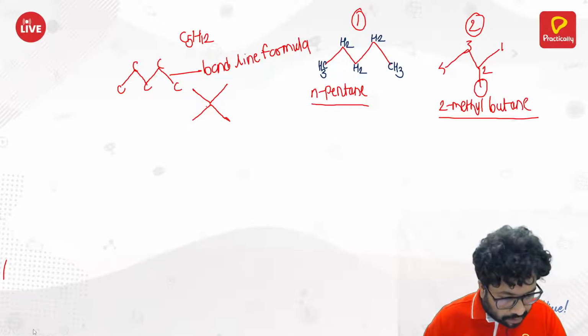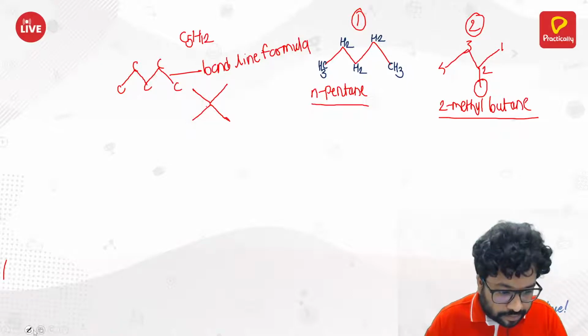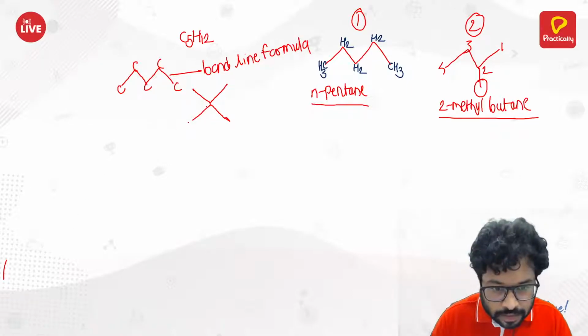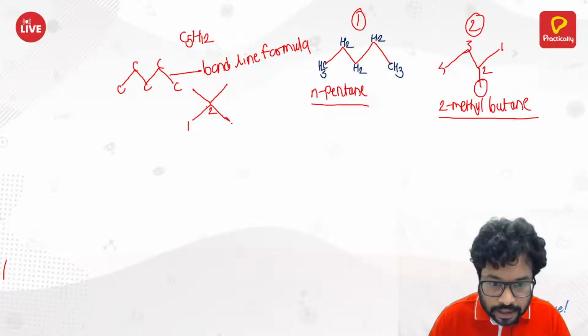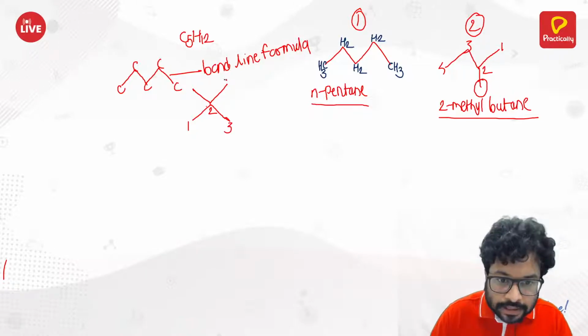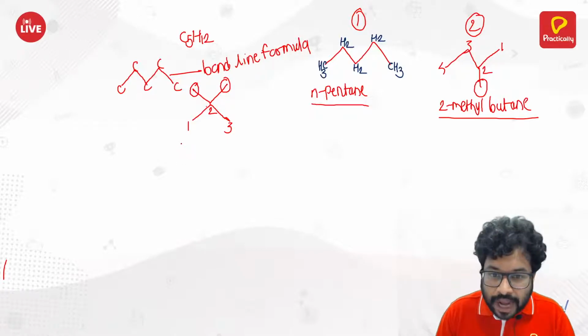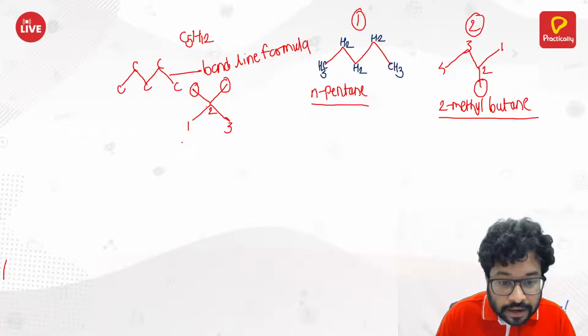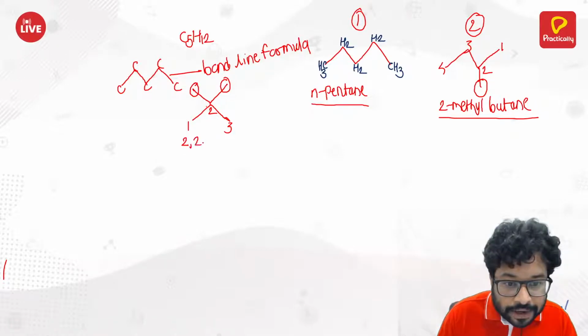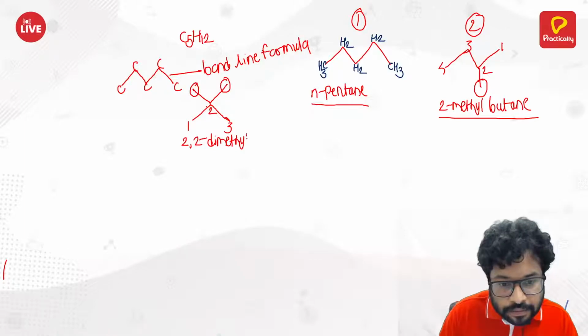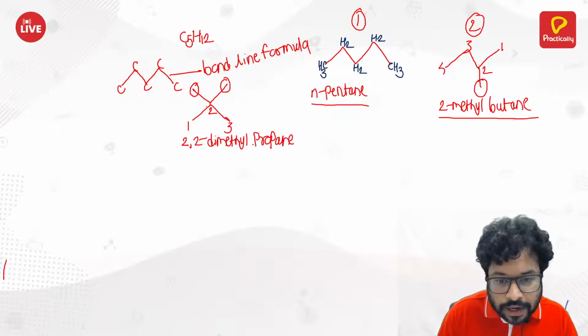So if you have to count here, it will be 1, 2, 3, right? This is also methyl. This is also methyl. So if you have to name it, how would you name it? It will be 2,2-dimethyl propane, right? 2,2-dimethyl propane.